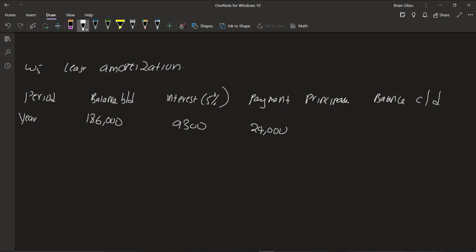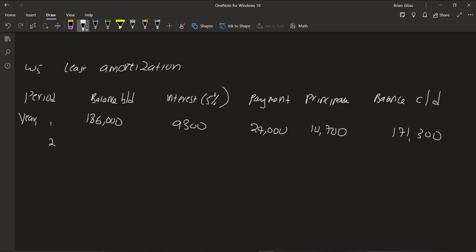So 24,000 minus 9,300 is giving us a principal amount of 14,700. Now 14,700 we less from 186,000, we get 171,300. That is year one, period 1.